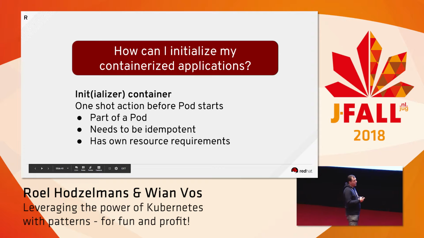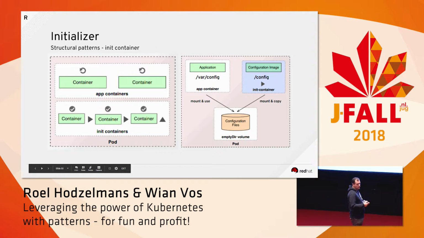So in this case, I can use an initializer pod. In a relatively simple example, one of the containers in my pod is doing some pre-work and it gets checked off. If you have multiple, it'll work them down in sequence. And then my actual application container is booted.